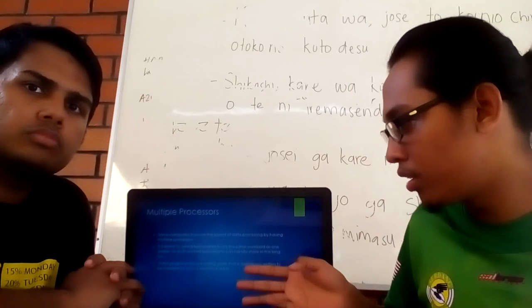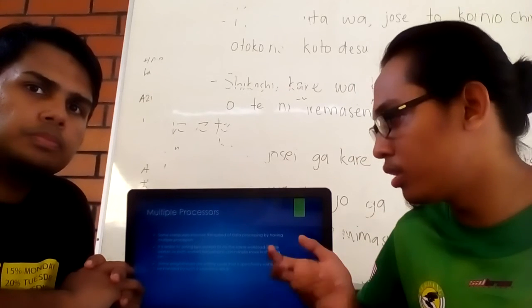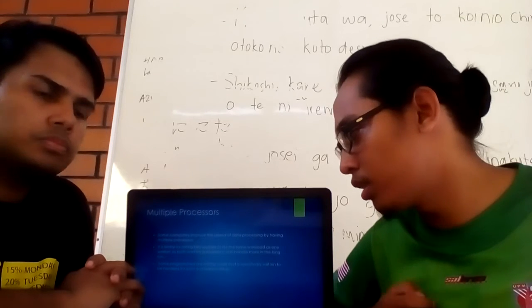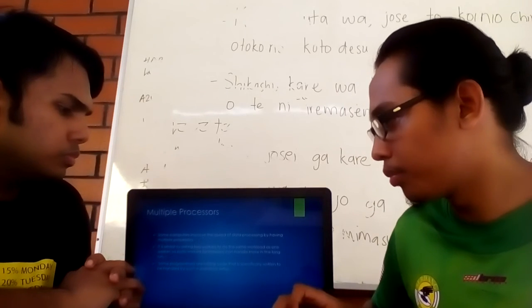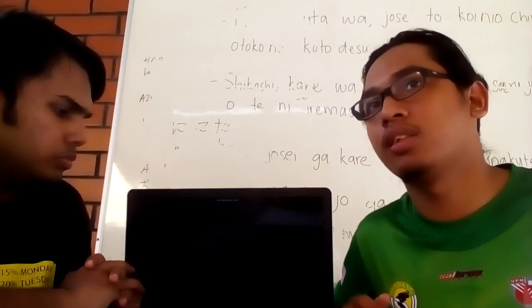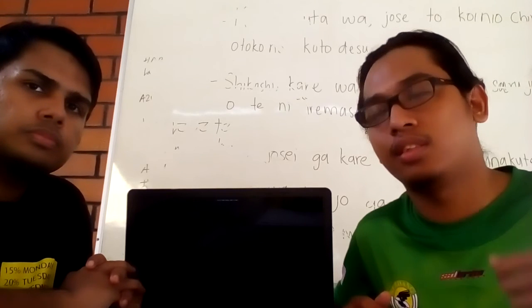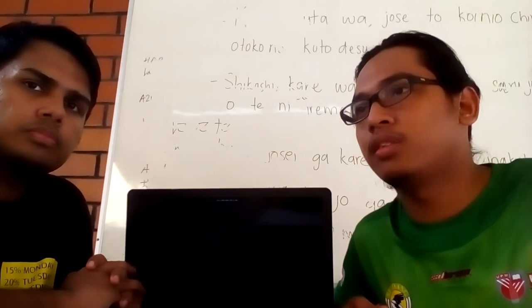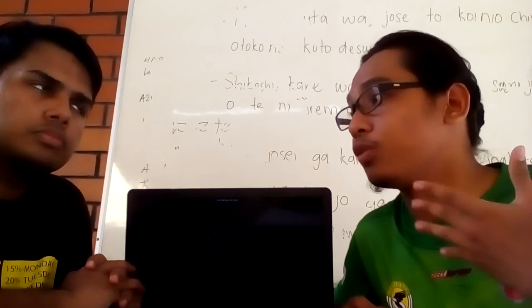And some programmers write code that is specially written to be handled by such a processor setup. Okay, that's all from me, and I hope you understand all the information we shared.